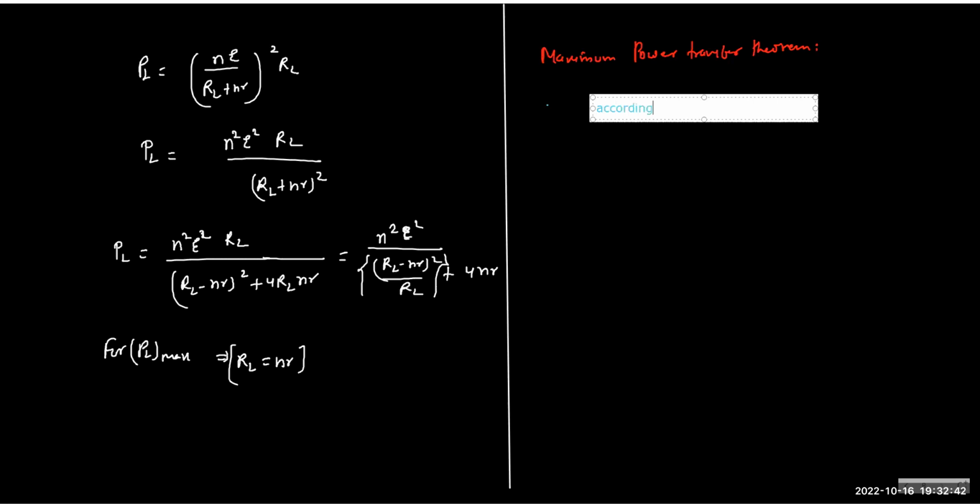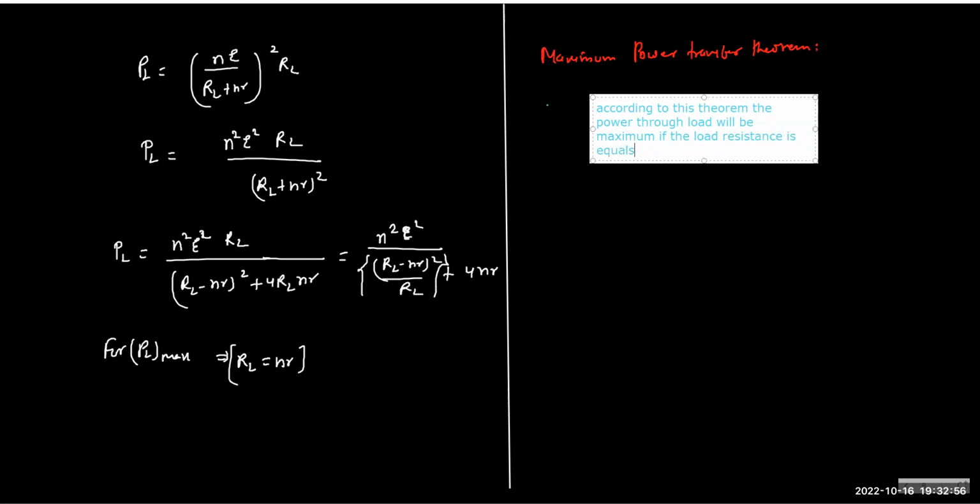According to this theorem, the power through the load will be maximum if the load resistance is equal to the total internal resistance of the combination of cells.